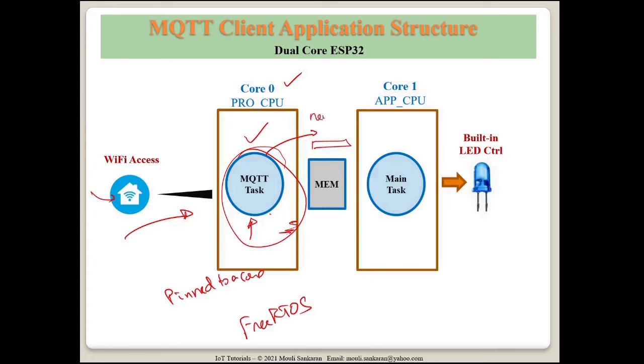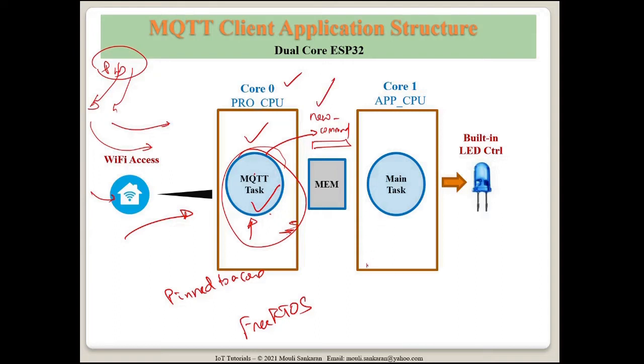So a new command which is received is always written into a variable by this task, based on what the publisher has sent to the broker, and the broker has communicated to the subscriber. This device is a subscriber now. The command sent by the controller as a publisher comes here, is received by this task, and is updated here in a variable.